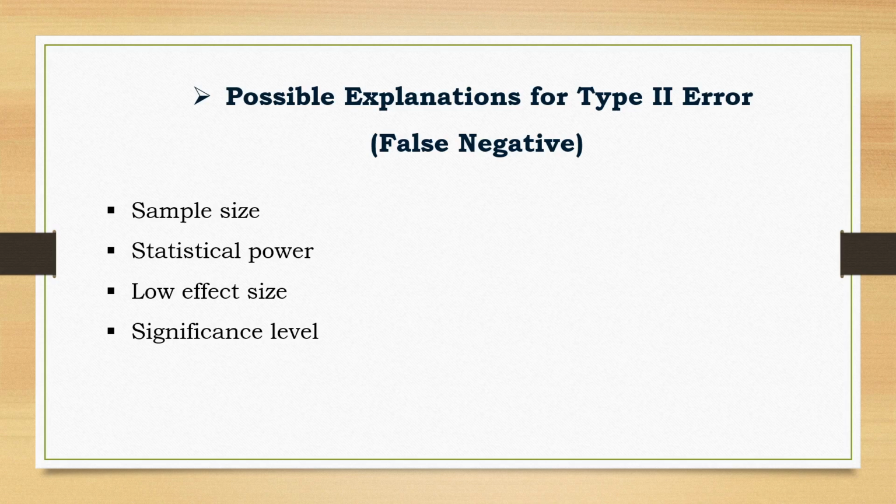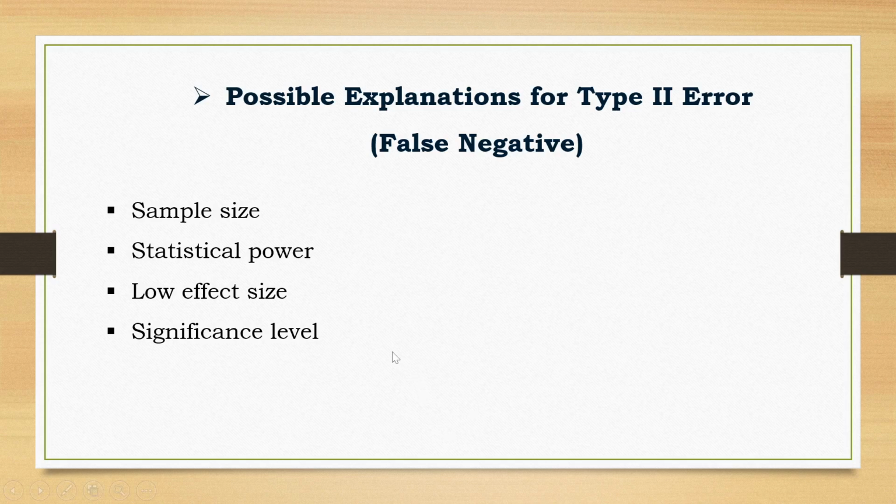Low statistical power makes the test lack the ability to detect a real effect that exists. This can be due to a weak effect size or a test that is not sensitive enough for a particular type of data. Number three, low effect size.